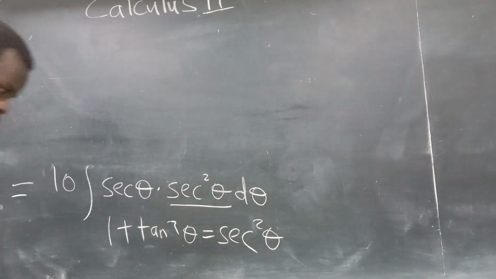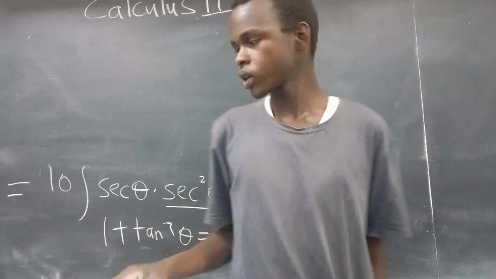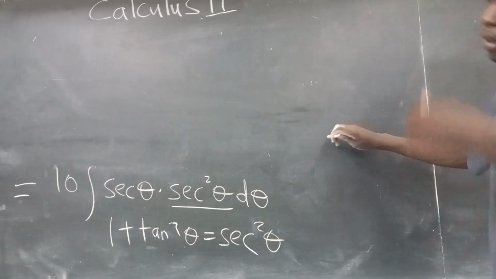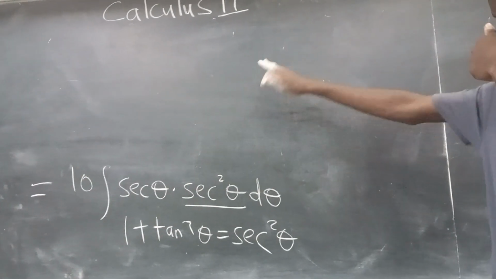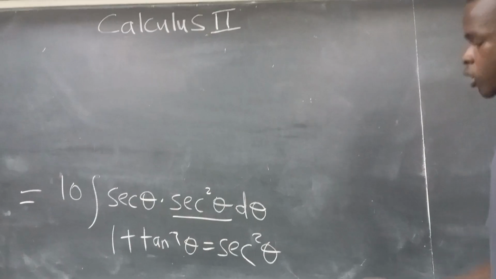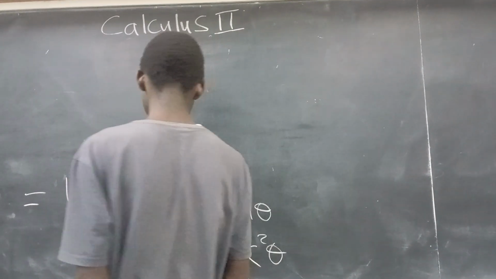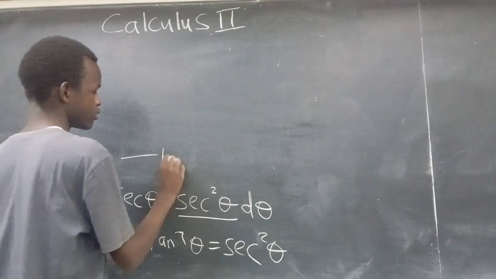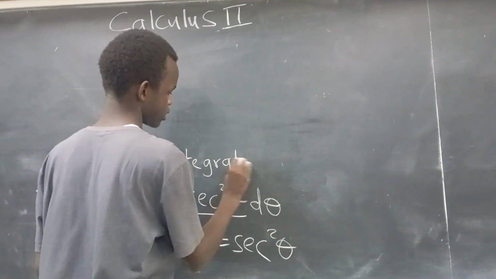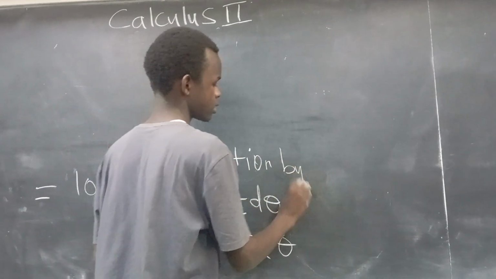Another concept I will try to explain: once you reach here, you can use the reduction formula for secant cubed, but for the long process we'll have to use integration by parts.